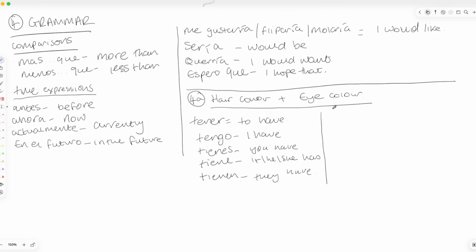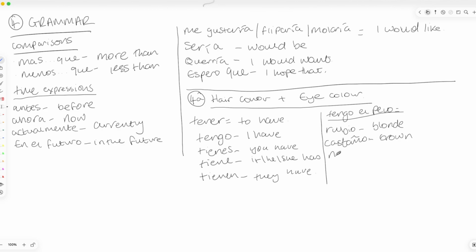Now remember, hair is singular. So if I'm talking about myself, tengo el pelo. Pelo is the word for hair, sorry. So tengo el pelo, and we can use the following. So we can say pelo rubio, which is blonde. El pelo castaño, which is like a chestnut colour, or brown.